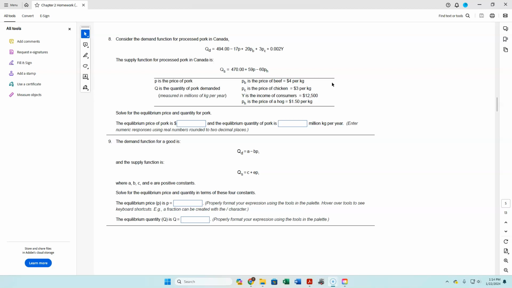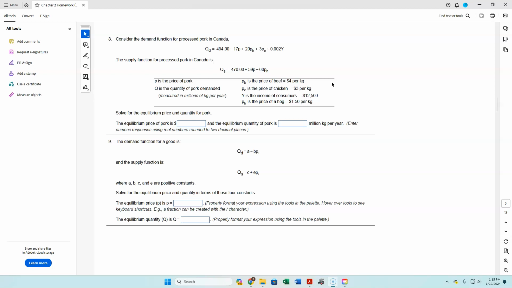Okay, let's look at this. So we've got a price here of $4.94 minus 17p plus 20 pb plus 3 pc plus 0.002y. Then we have our supply function for pork.